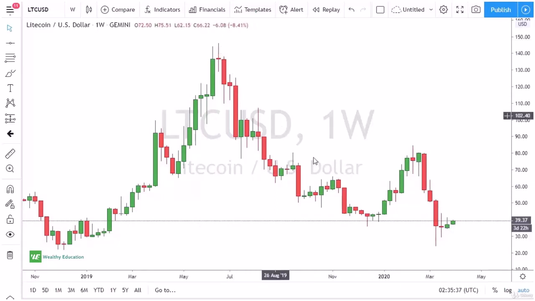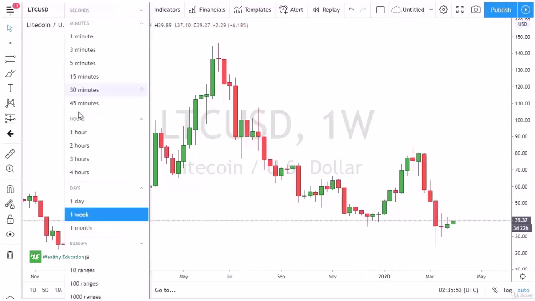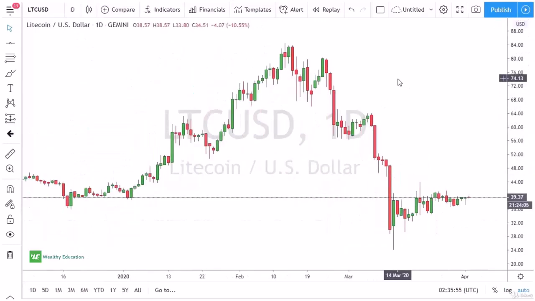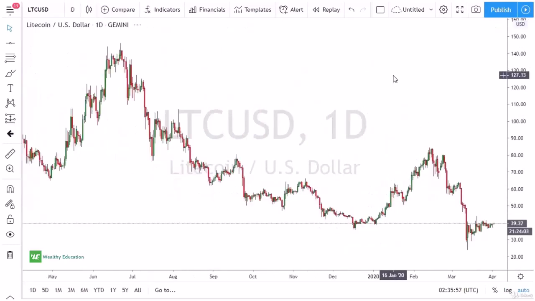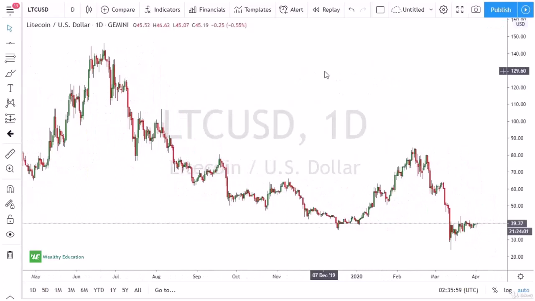We started at $150, dropped to $35, bounced to 84-ish, 85-ish, which looked nice, but then rolled over again to continue this. So that is one way to look at it. And if you go back to the daily, it does tell you the same information. It's just with a lot more candlesticks.